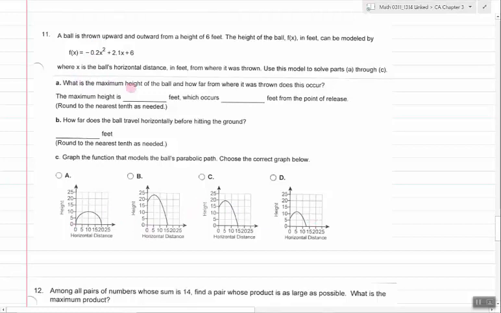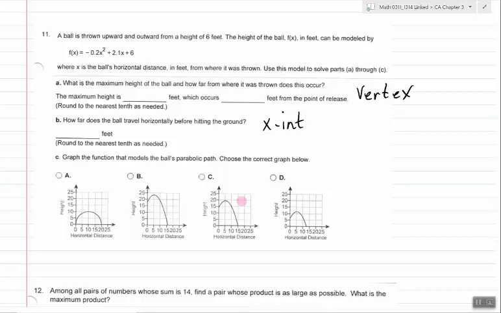Question, what is the maximum height of the ball and how far from where it was thrown does this occur? That is a question asking about the vertex. How far does the ball travel horizontally before hitting the ground? That is the second of the x-intercepts. And then we'll pick the graph, and it does follow a parabolic curve.